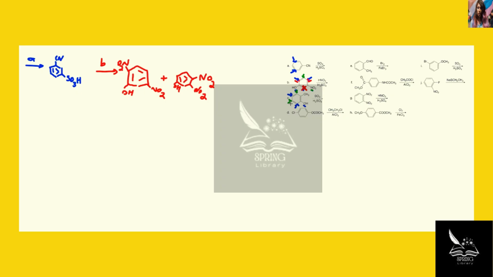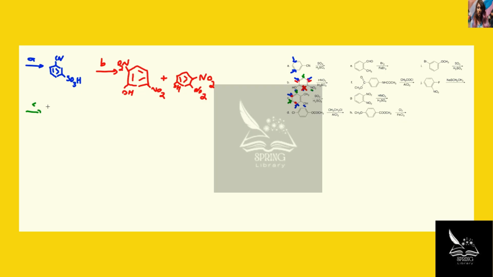So what you're going to have is actually a product that is going to be directed through the alcohol, being one at the ortho position and one at the para position here. So for this one, C, we'll do C in green.